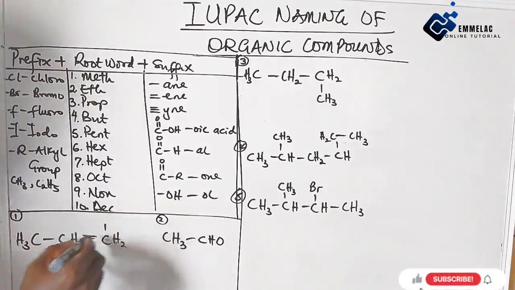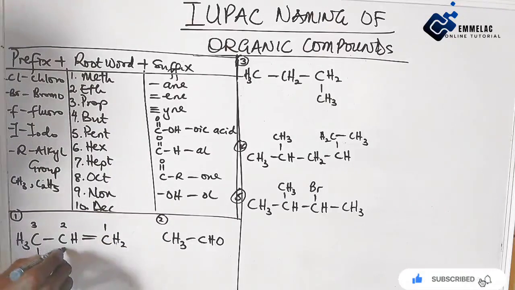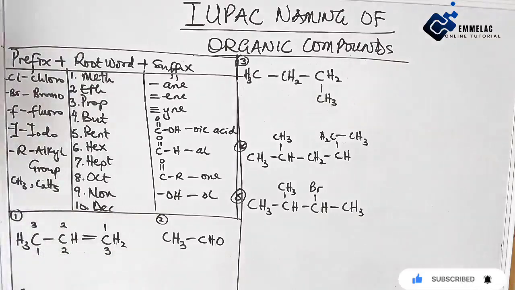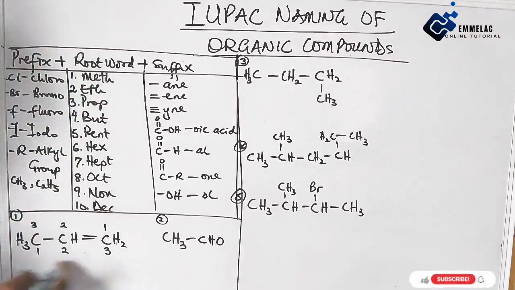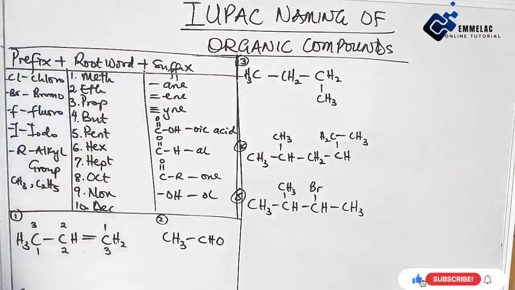So here you have 1, 2, and 3. You also see this is 1, 2, and 3. We have 3 as the longest possible chain, and this 3 here is prop.